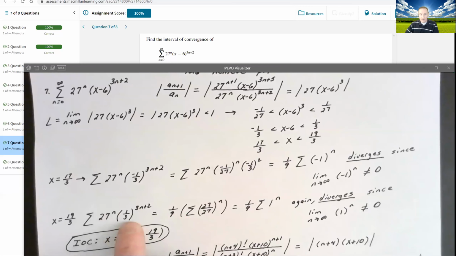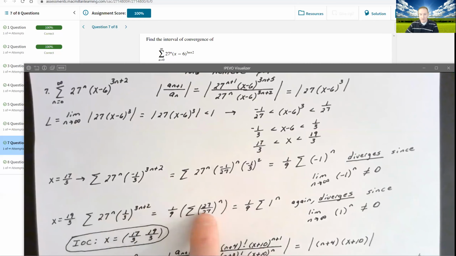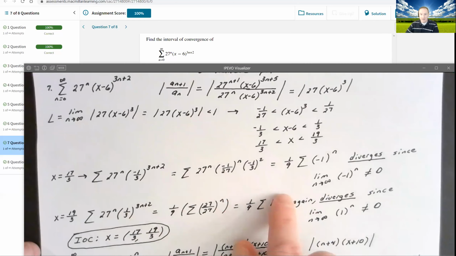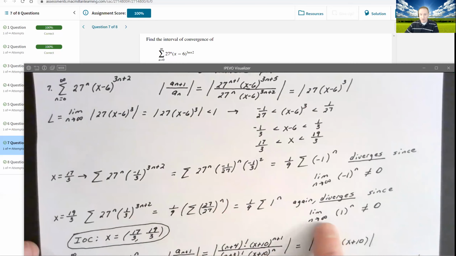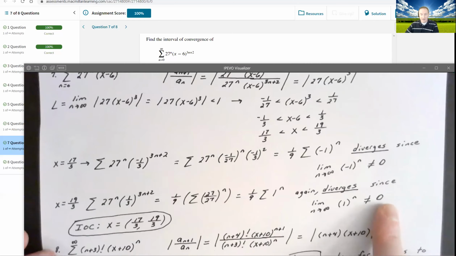And then you'd have (1/3)^3 raised to the n. 1/3 cubed is 1/27. 1/27 times 27 gives me 27 over 27 to the n power, which clearly is just 1^n. So that's the summation of 1 plus 1 plus 1 plus 1 plus 1 plus 1 plus 1. That's going to diverge off to infinity. And again, you can use the test for divergence to show that it diverges. Since the limit as n approaches infinity of the general term doesn't go to 0, it diverges.